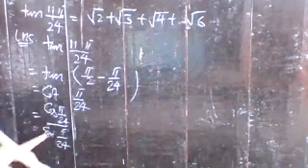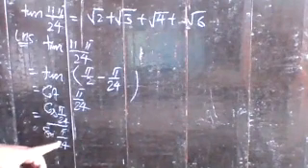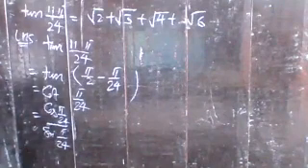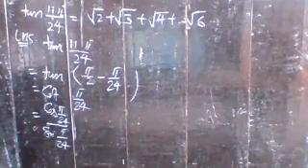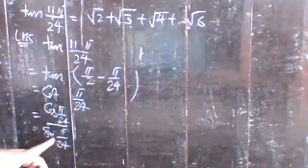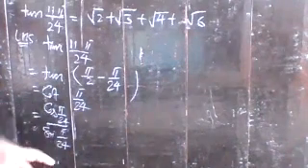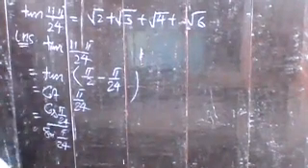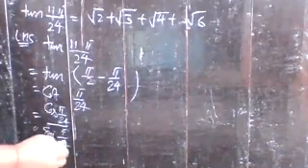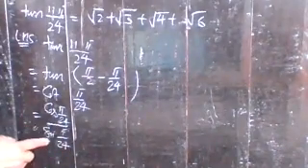So what you do, here you have sine pi by 24. Understand? And you know the formula of sine 2x. Sine 2x is equal to 2 sine x cos x. So you multiply the numerator and denominator by cos of pi by 24.